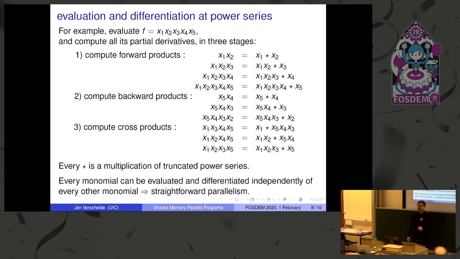We evaluate and differentiate. This is something that I also only learned when I was doing the parallelism. So you may have seen rules to differentiate, to compute all partial derivatives. The cool thing is that if you have a product of n variables, if you do this symbolically, it will be an n square operation.